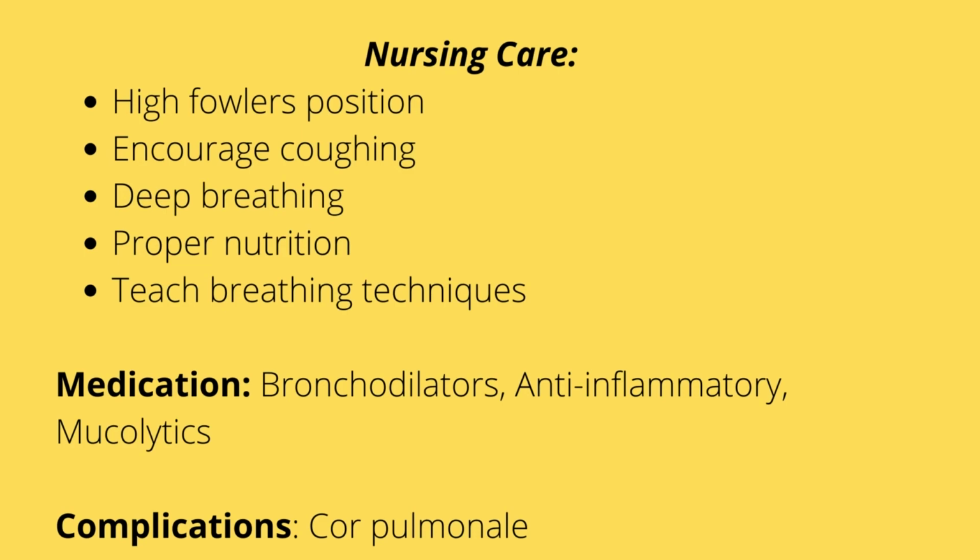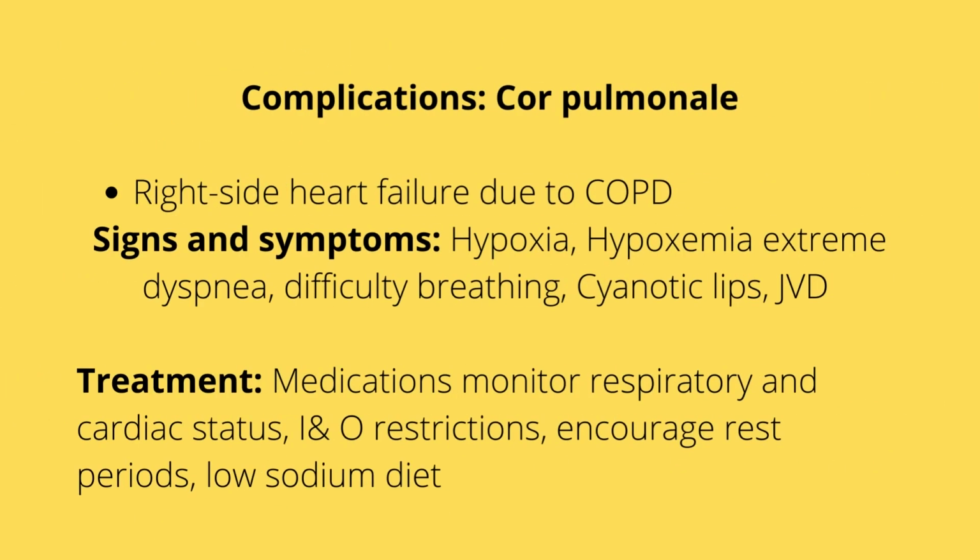So let's talk about cor pulmonale. Cor pulmonale is right-sided heart failure caused by pulmonary disease. It is a COPD complication. So signs and symptoms will include hypoxia, which is a low O2 level in the body tissues, and hypoxemia, which is low O2 levels in the blood, right?